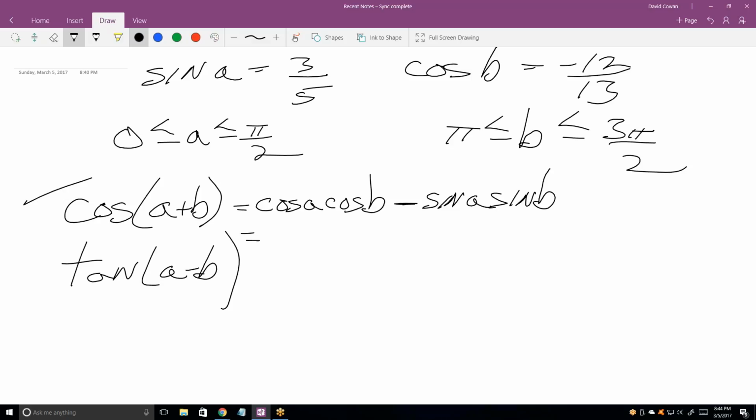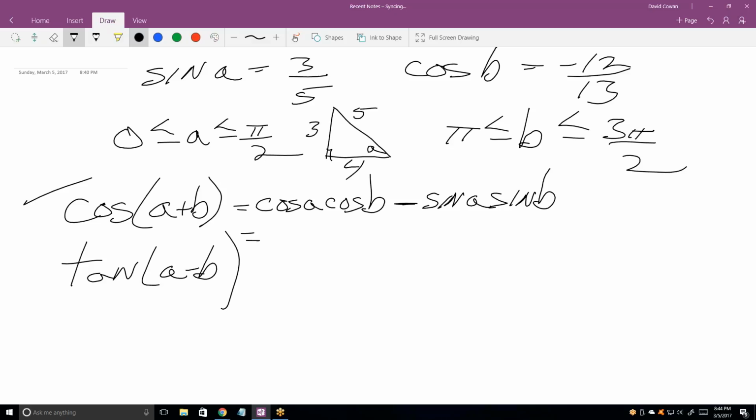So all you need is one. What do you have to do? Make a triangle. Okay, so let's make a little triangle right here. And label A. It's got to be a right triangle. So that's got to be 3, that's got to be 5, that makes that 4.